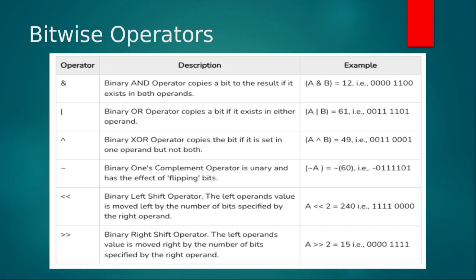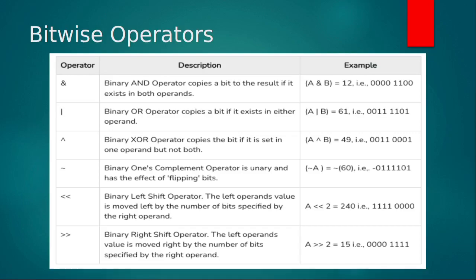There are different operators. The first one is the binary AND operator. It's a binary operator, which means it takes 2 operands, and it compares the values at the different bits of those operands. It checks if they are both truthy or falsy.